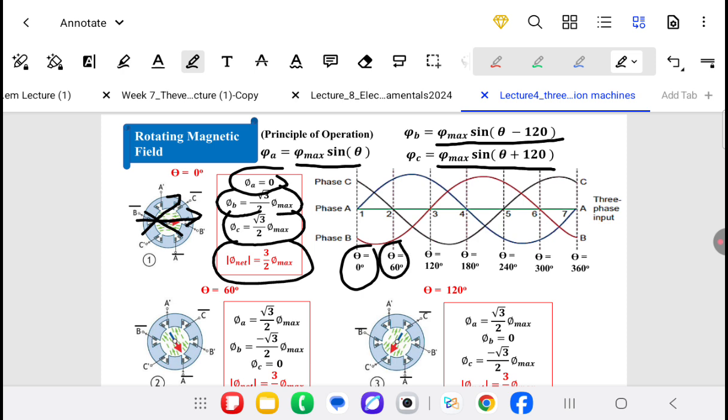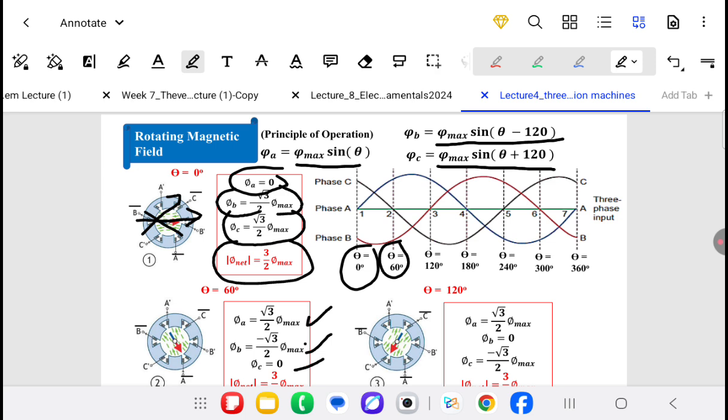For theta equals 60, phase A is phi maximum sine 60, which equals root 3 over 2 phi maximum. For phase B, phi maximum sine (60 minus 120), sine negative 60, equals negative root 3 over 2 phi maximum. And for phase C, phi maximum sine (60 plus 120) equals sine 180, which is equal to 0.